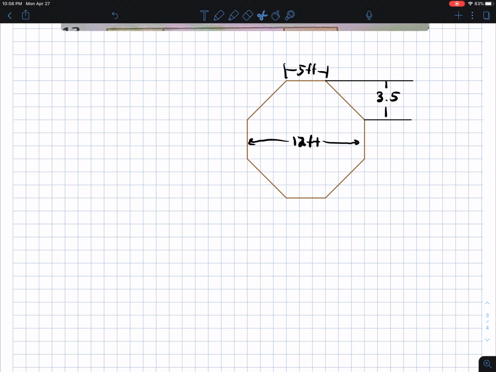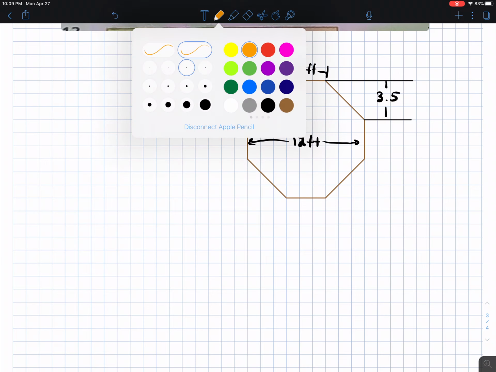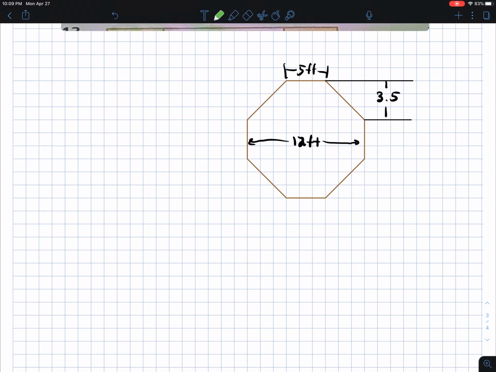So another way that we could look at it, you have like a trapezoid. You have several different ways that you can look at it. I'm trying to keep it as simple as possible. I don't automatically know the formula for area of a trapezoid. I could look it up really quickly, but if I'm going to do it off the dome, right? Now we can look at this triangle here, right?